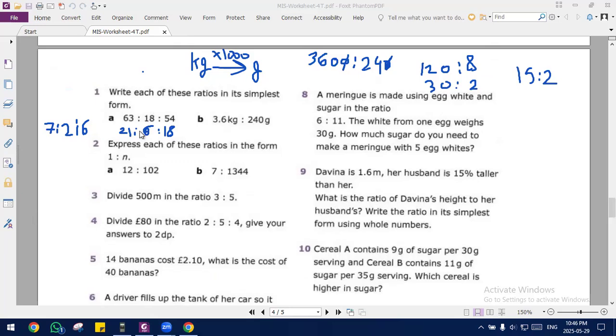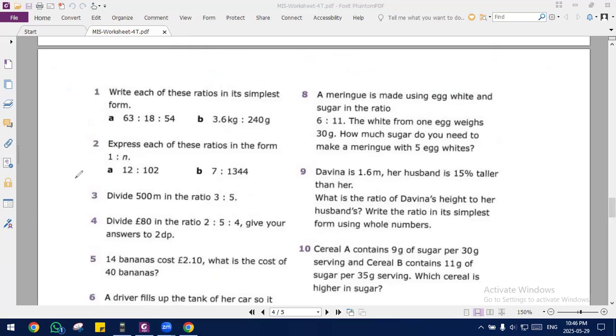Now, question 2 says express each of these ratio in terms of 1 n. What does that mean? Means make the first value for me is only 1. So how do I make this one? You divide 12 divided by 12. So I will divide this expression by 12. 12 divided by 12, 1.